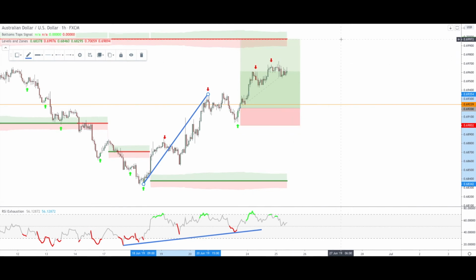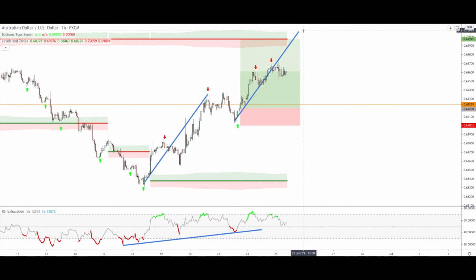Moreover, we have this beautiful resistance up here, and it is like attracting the price, so you should expect the price to move beyond this resistance. At least at this level here, which is in between, it helps attract the price towards it.